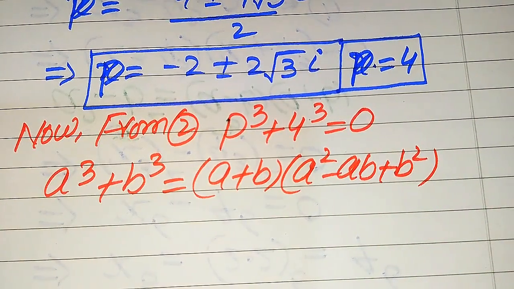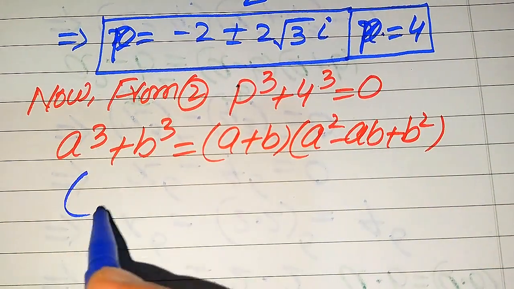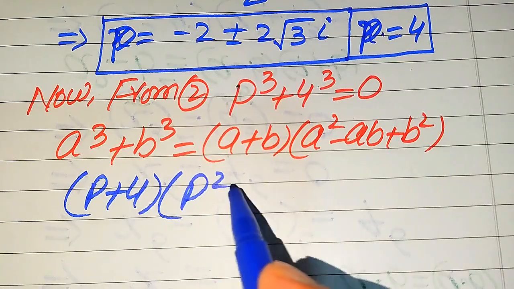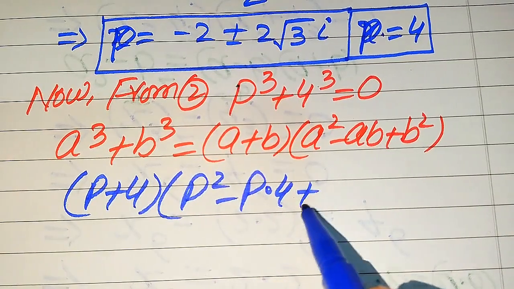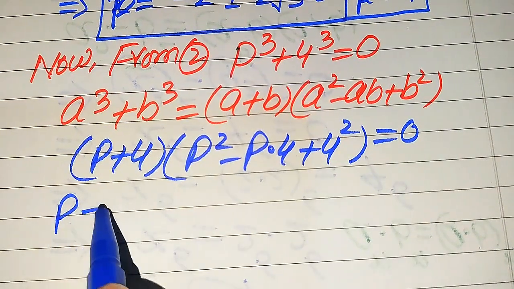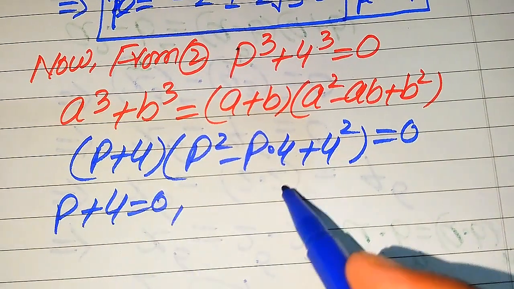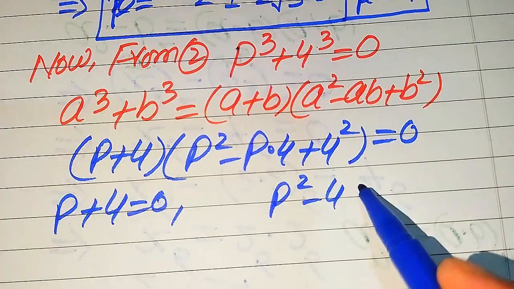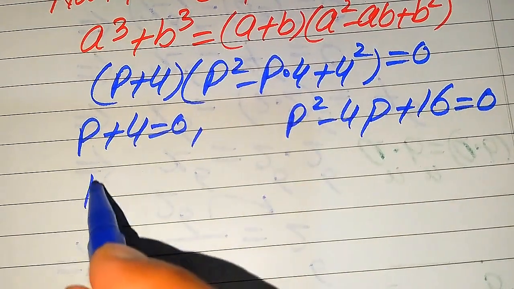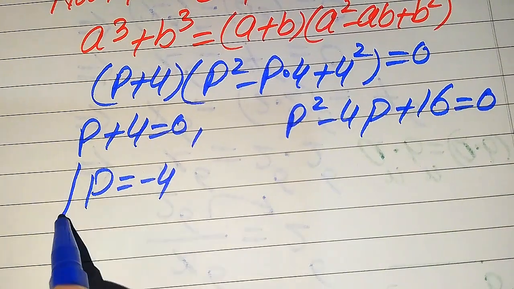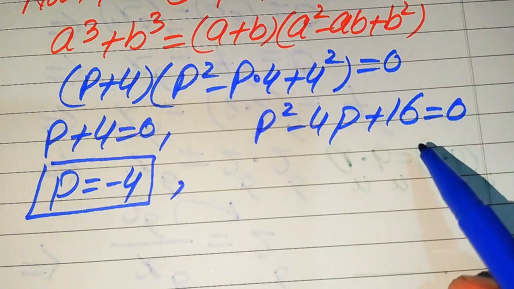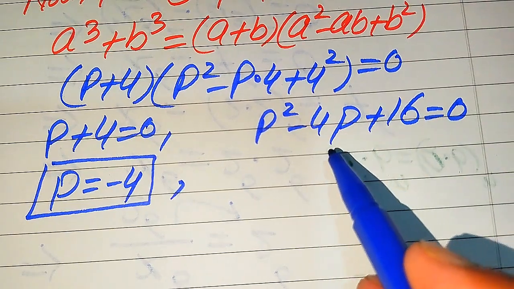So according to this cubic formula we write this equation as a plus b, where a is p, so p plus 4, into p squared minus p into 4 plus 4 squared, and this equals 0. So here we get the value p plus 4 equals 0, and we write this term as p squared minus 4p plus 16 equals 0, and here we get the value of p equals minus 4. From here we get the other values of p by applying the quadratic formula.